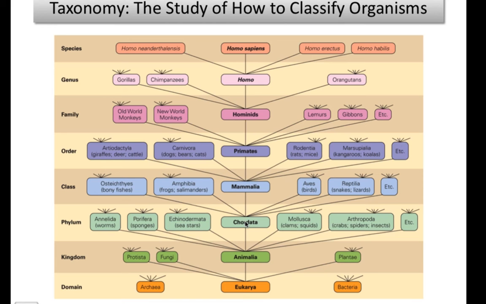So the chordates, like us, fish, reptiles, amphibians, we all share a backbone. And that backbone has a nerve cord. So this is the nerve cord that encases the backbone. But you can see there's the worm phyla, the sponges, the echinoderms, spiny skin. So they all share that body plan.